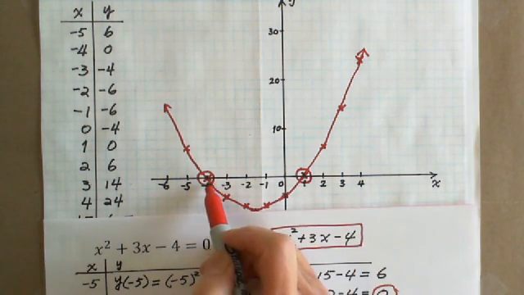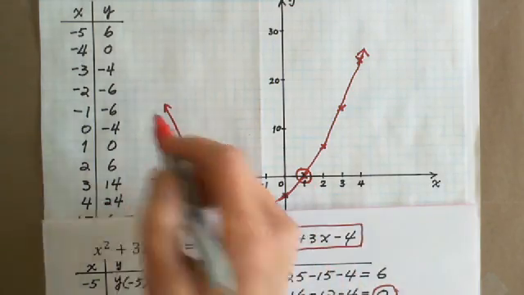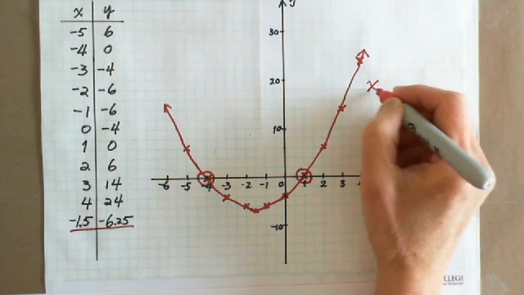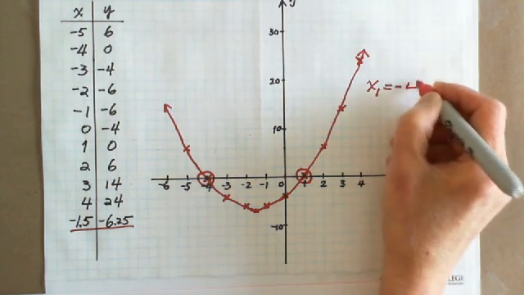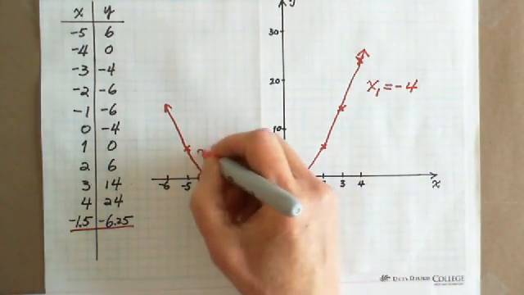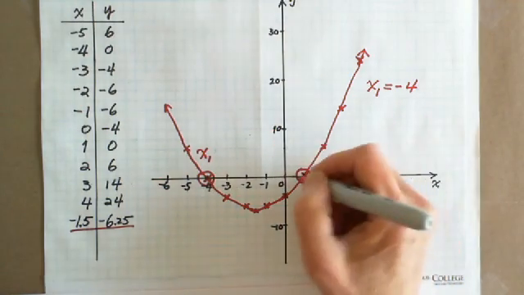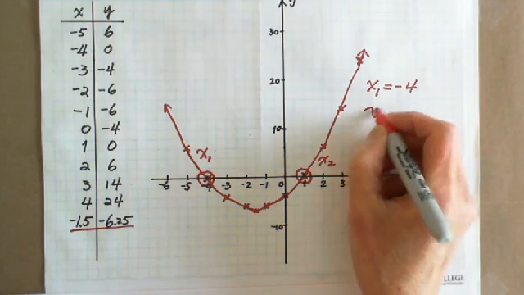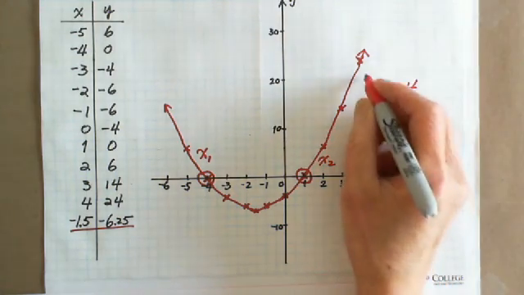The other is negative 4. That's why from this graph we can solve it. We have x1 equal to negative 4, and x2 equal to 1.